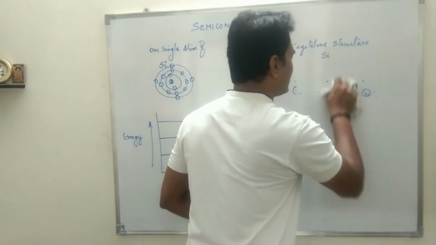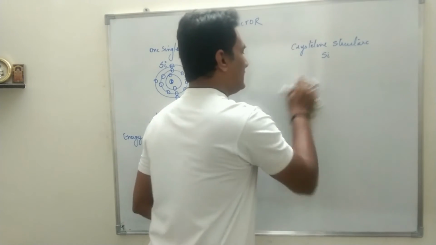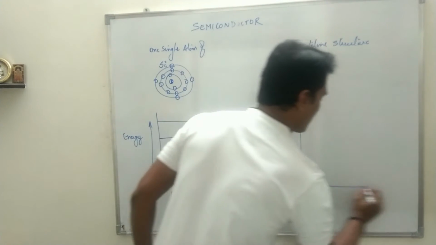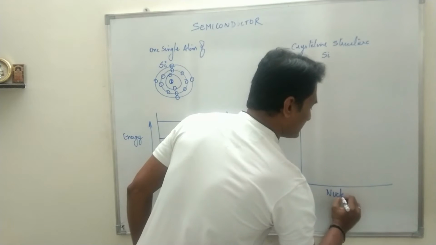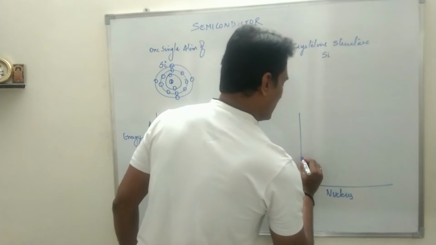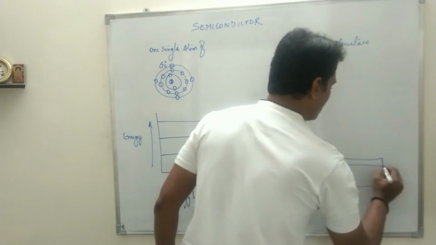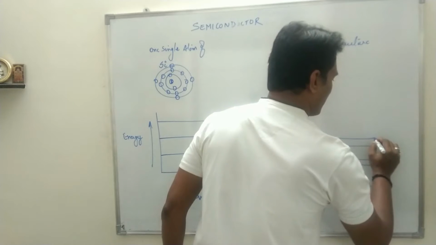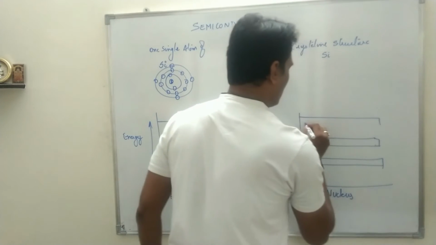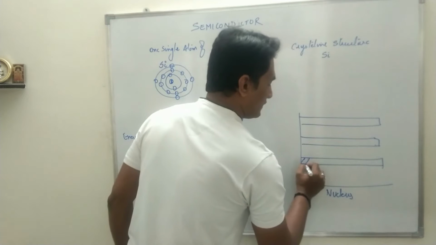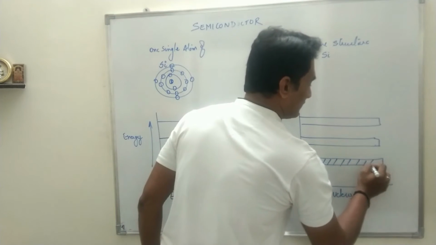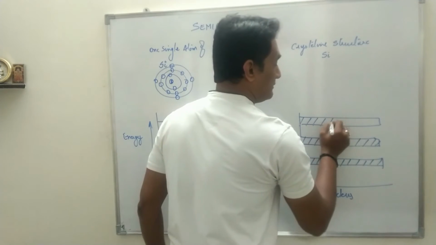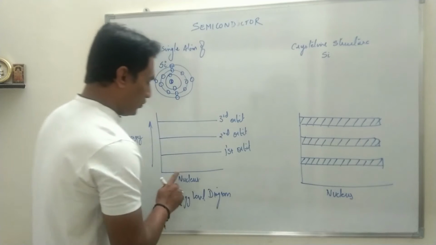Now the same thing we will represent with the energy level diagram. Here this is the nucleus. Now these are the first orbit electrons, these are the second orbit electrons, and these are the third orbit electrons. In the first diagram, that is the energy level diagram, I have represented the first orbit electrons by one single line.